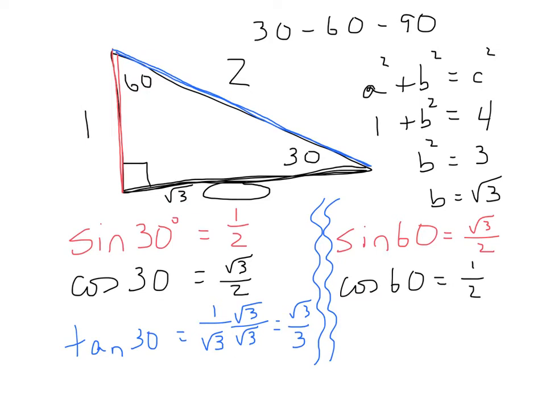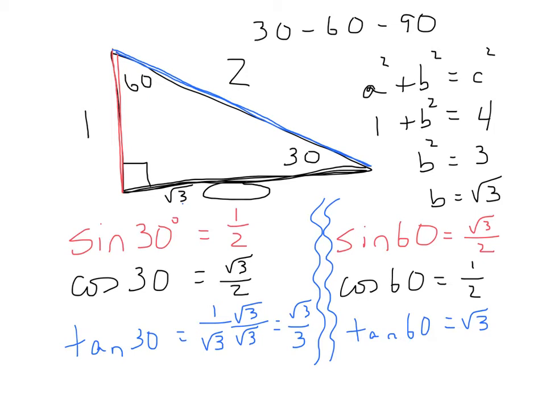And then, of course, the tangent of 60, which would be the opposite divided by the adjacent, would be the square root of 3 over 1, but we're not going to put over 1. So those are the special angle ratios for the sine of 30, cos of 30, and tan of 30, as well as the sine of 60, cos of 60, and tangent of 60.